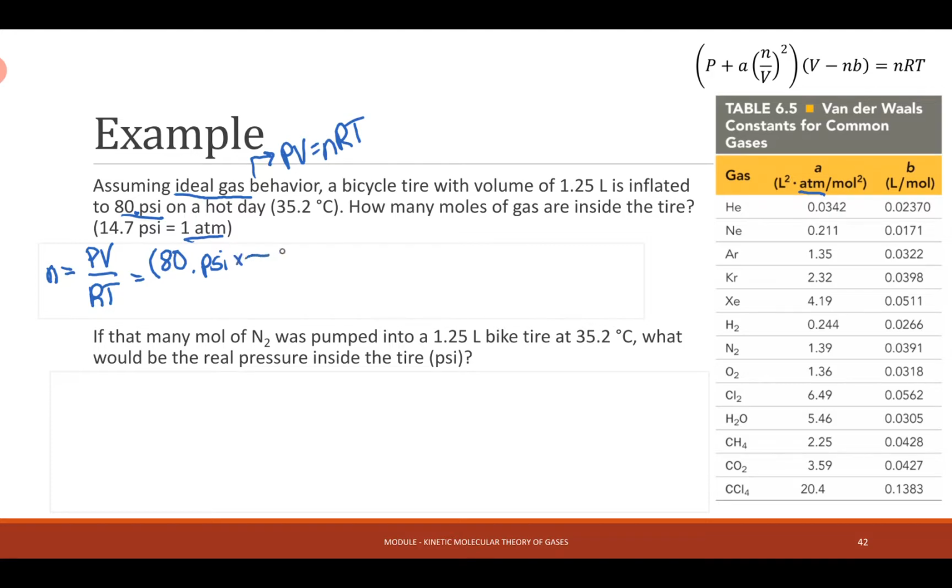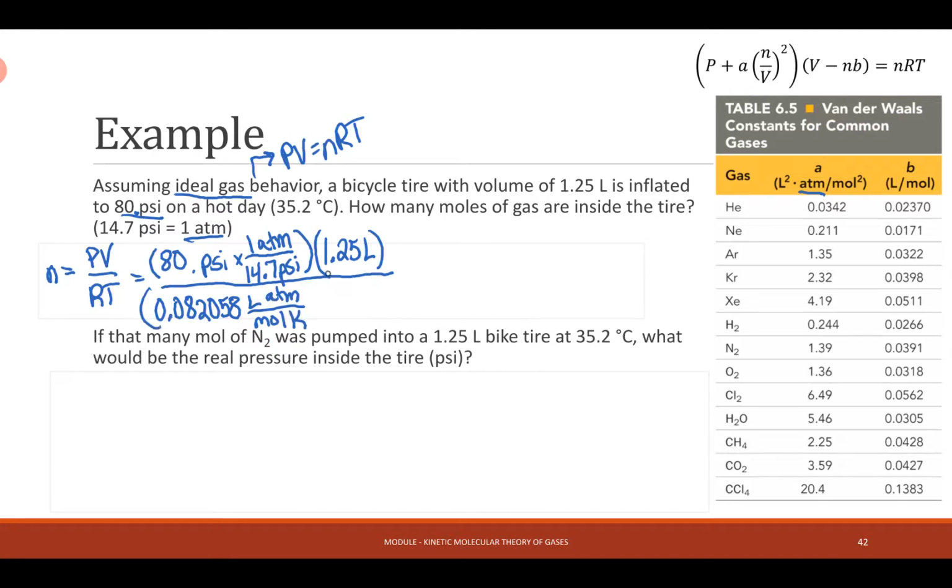And then I'm going to convert that into atmospheres. I need to cancel out my PSI, so that's going to go on the denominator. My volume is 1.25 liters. And then my R is 0.082058 liter atmospheres per mole Kelvin.